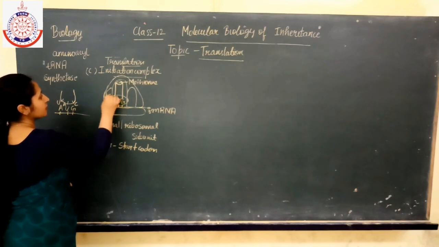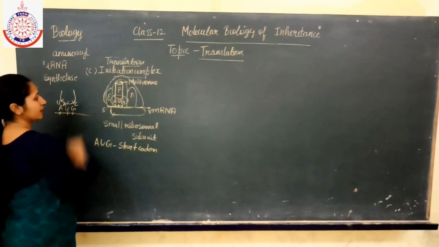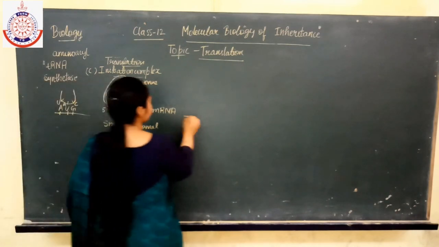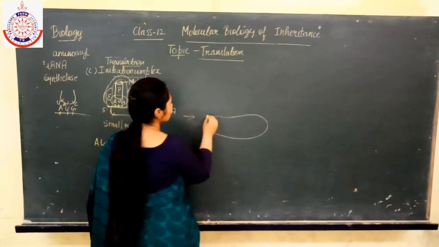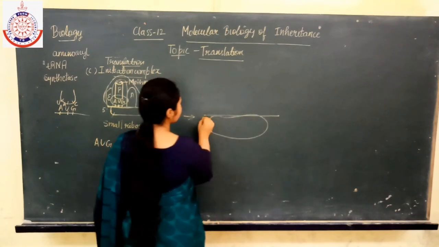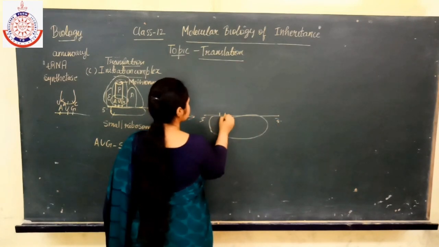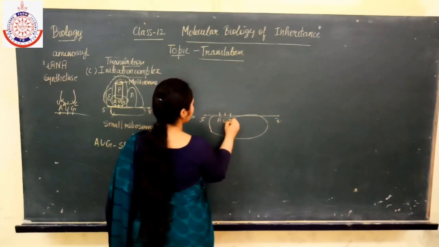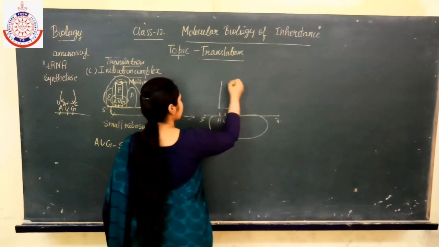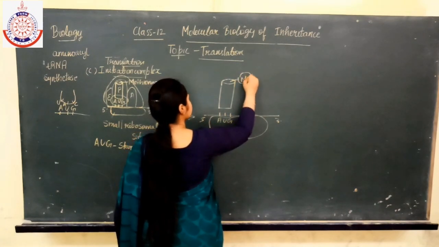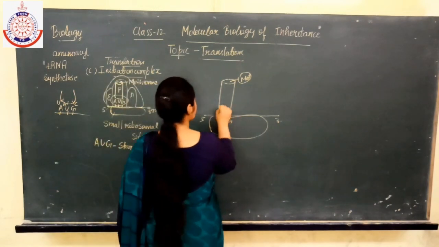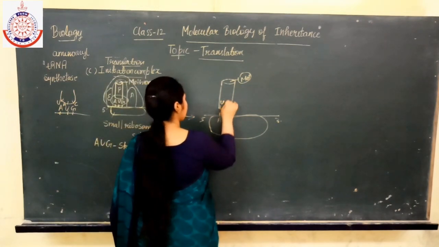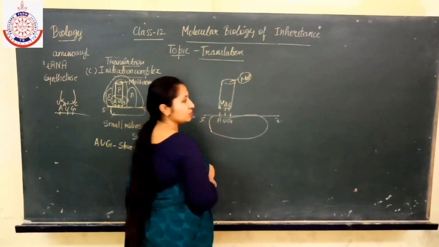This is E, this is P, and this is A. I will make this diagram clearer. First, the small ribosomal subunit, then the mRNA binds, and then the AUG codon of the mRNA binds with the tRNA carrying methionine, meaning this tRNA is charged with the methionine amino acid and has the anticodon UAC.